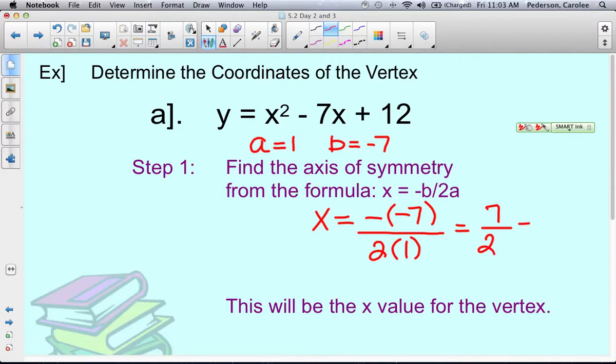We got a fraction there, so I'm just going to convert it to a decimal. So our final equation for the axis of symmetry is x equals 3.5. But we have to continue the problem to find the value of the vertex. Give me some time to finish that step.